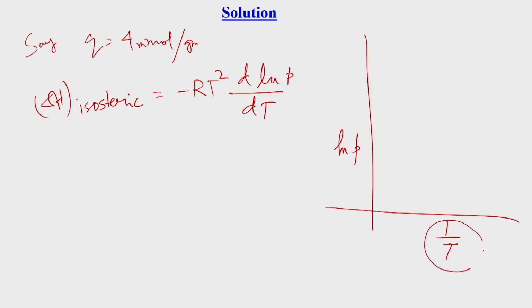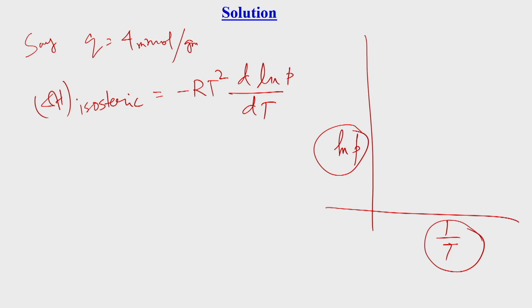So if we plot 1 by T and ln p, then for different ln p values at 1 by T values, we will be getting points for 310.9 and 366.5 Kelvin temperature.